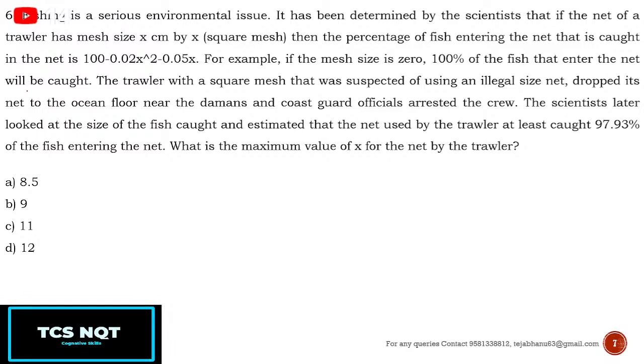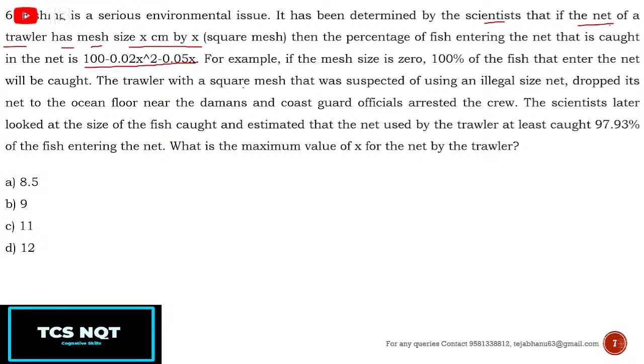Next question. Have a look at it. Fishing, a serious environmental issue. It has been determined by scientists that if the net of a trawler has mesh size x centimeters by x, then the percentage of fish that enter the net and are caught in the net is given by this value.